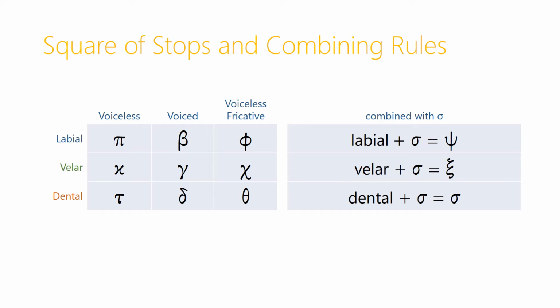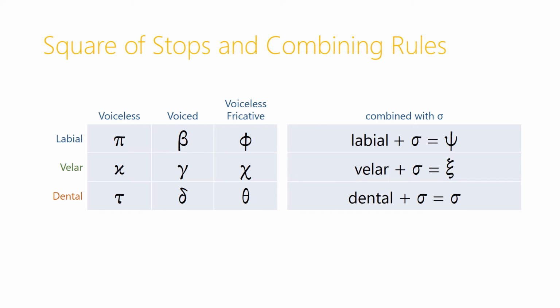So labial stops, p, beta, and phi, when they run into the sigma tense marker, become a psi. You can tell the sound is just as if we had a p followed by sigma, ps, but the Greeks actually created a letter for that. If we have a velar stop, a kappa, gamma, or a chi, followed by the sigma tense marker, that becomes a xi.